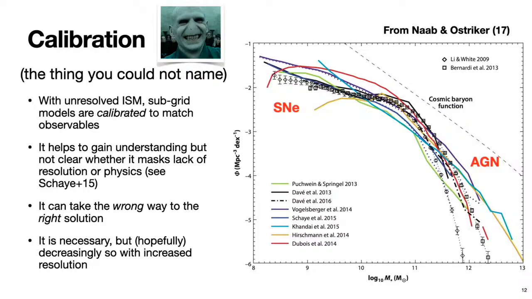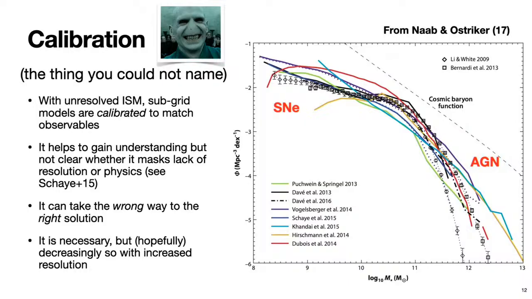So calibrating basically supernova feedback to suppress star formation at low galaxy masses and AGN to suppress star formation at high galaxy masses. It was necessary because these simulations could not resolve the interstellar medium of their simulated galaxies.